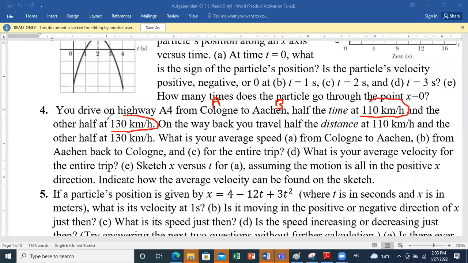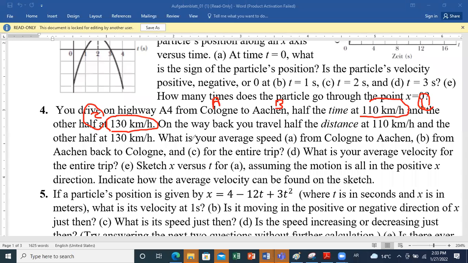So you are changing your velocity during motion. We'll divide motion into 2 phases, phase 1 and phase 2. Now, on the way back, when you come back from B to A, you travel half the distance at 110 km/h and the other half at 130 km/h.